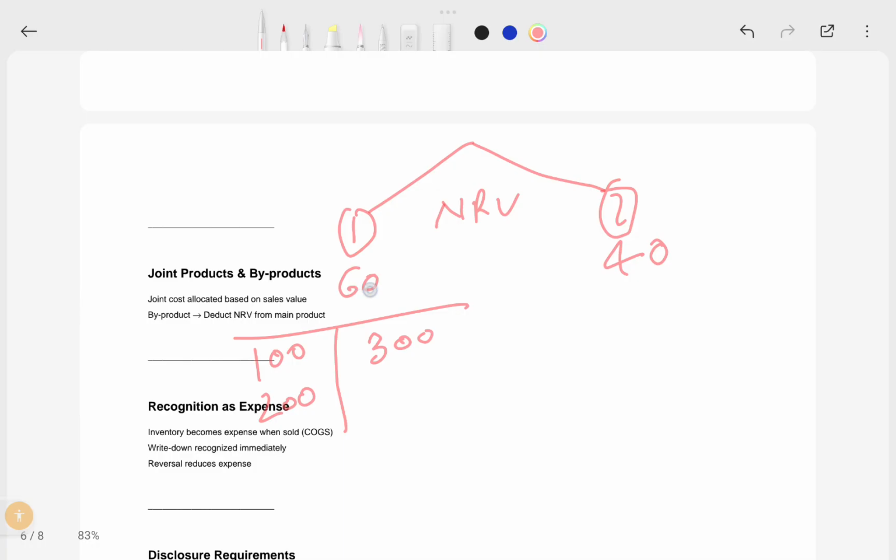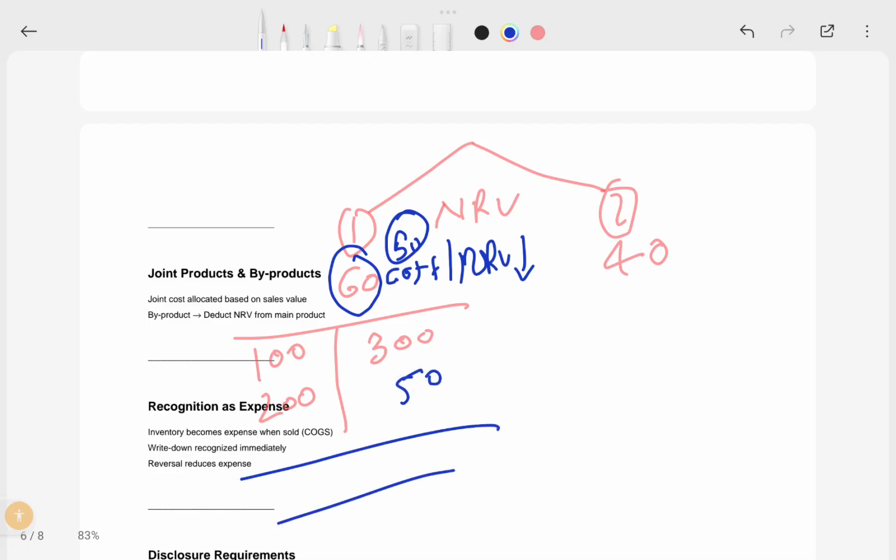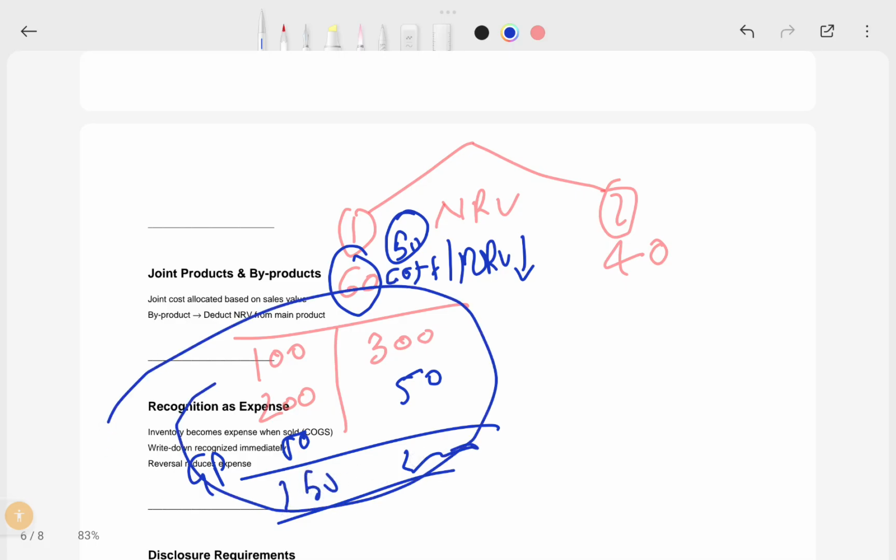If the NRV is 60, what is our formula? Cost or NRV, whichever is lower. The cost is 50 as per our calculation and the NRV is 60, so we need to take cost only. So in this case, the gross profit is the same: 350, 350, profit 50.